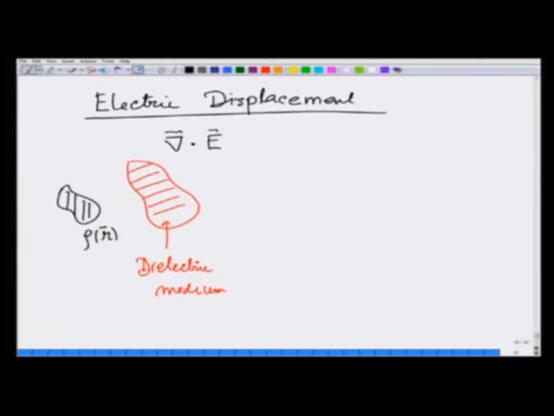This charge distribution could be inside it. This is different from the bound charges. Then del dot E, divergence of E, is going to be this rho of r upon epsilon 0. Additionally, there is field due to the bound charges, so that is going to be given as minus divergence of P, that is the bound charge, over epsilon 0.